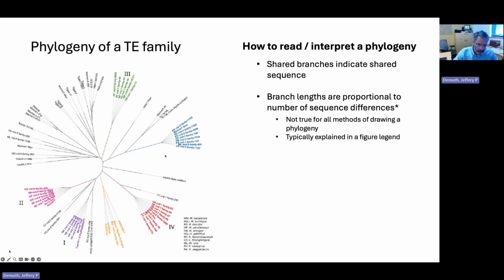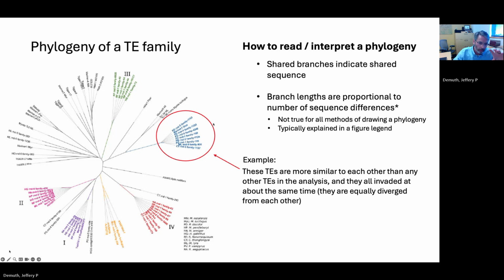And in this case, the branch lengths are also proportional to the number of sequence differences. For example, a branch of that length might indicate 2 mutations or something like that. That branch length being proportional to the number of differences isn't true for all methods of drawing the phylogeny. But if you don't know just by looking at it, typically that's explained in a figure legend.